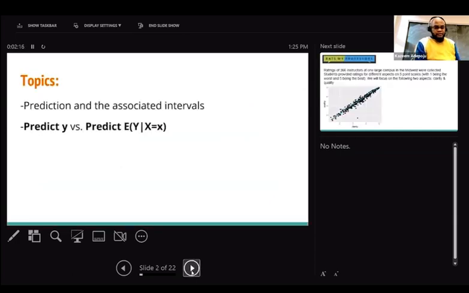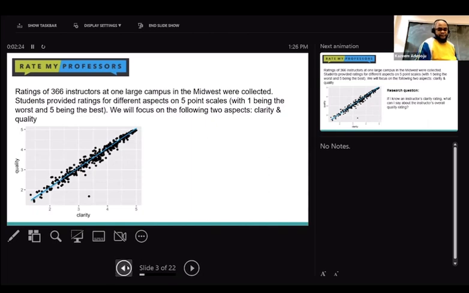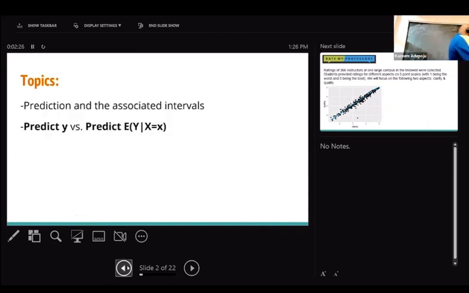In the outline, I'm actually going to say that we have ways to predict, like say that you are predicting an individual, or you're predicting me. If you look at the first one, I said predict Y. Y is the response.